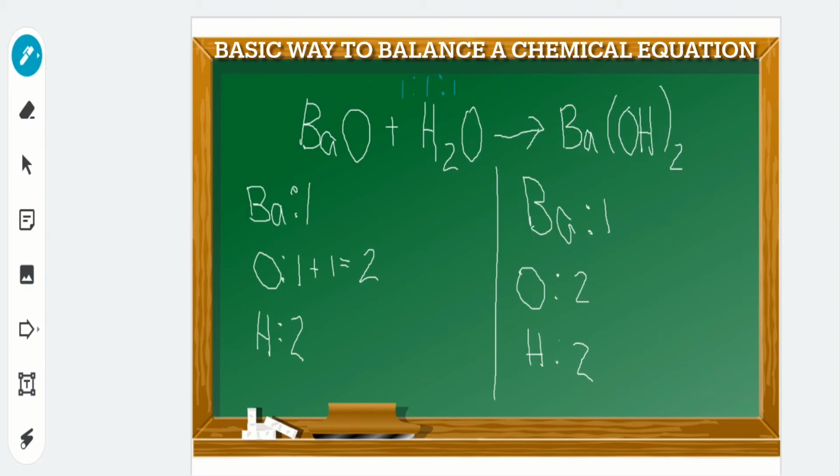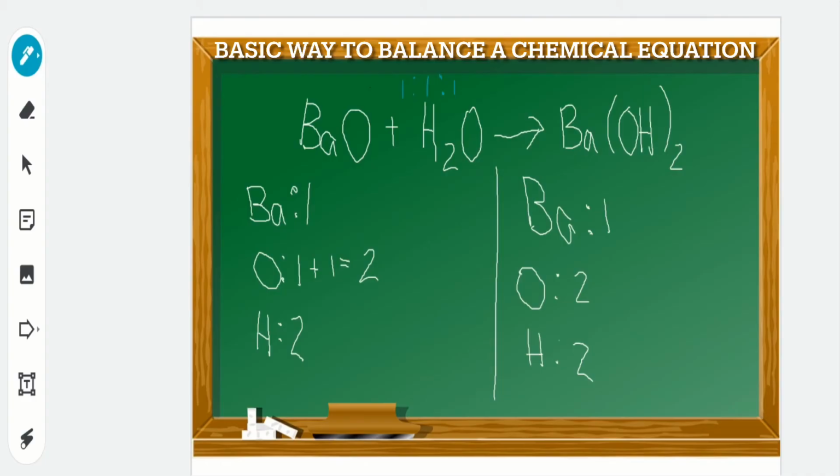Knowing the ratio of the molecules is very important, especially if magsusolve tayo ng mga problems na related sa paghahanap ng, let's say for example, the number of moles needed of the particular substance, or the mass of that substance, we have to find ilan yung ma-yield.